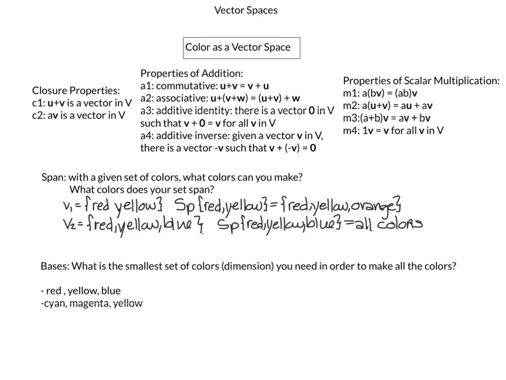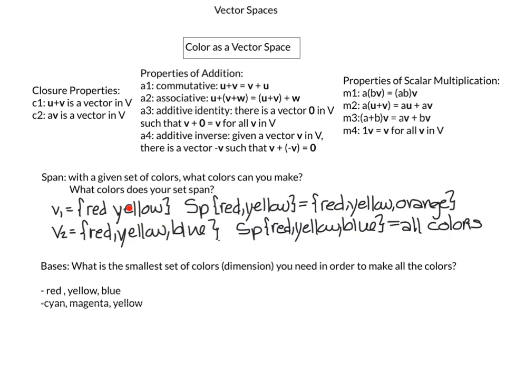If the set of colors I'm carrying around in my backpack today is red and yellow, then the span of my colors, what colors I can make, would be red, yellow, and orange, because I'm going to use some combination of red and yellow. Whereas if the next day I carried around red, yellow, and blue, all of a sudden the span of my red, yellow, and blue colors would be all colors, so that's pretty powerful.